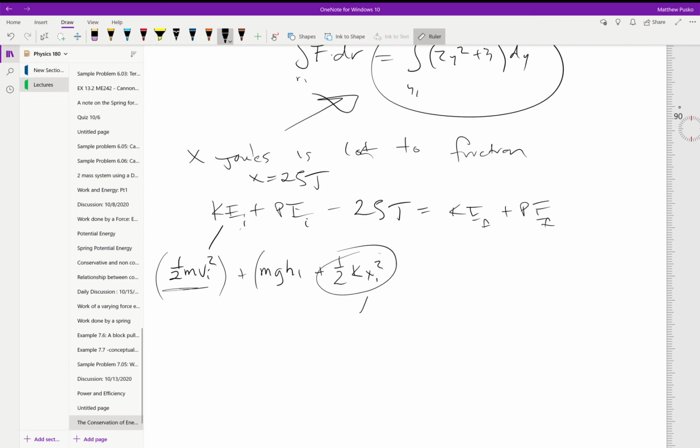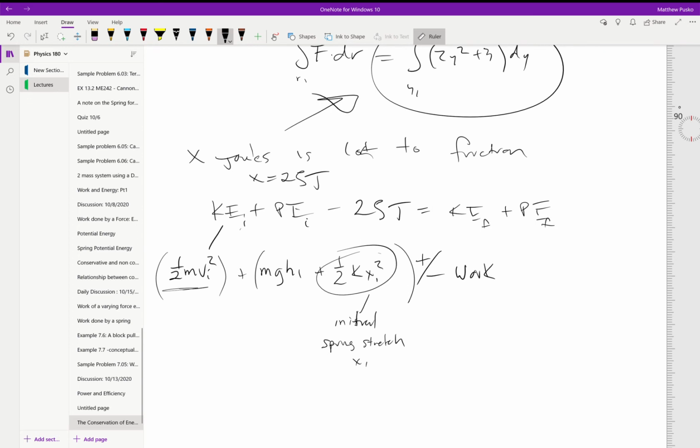If this is its initial spring stretch, x1. And then for our right hand side, then we'd put plus or minus the work.